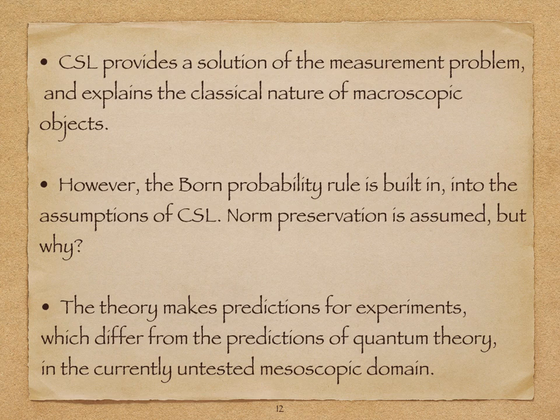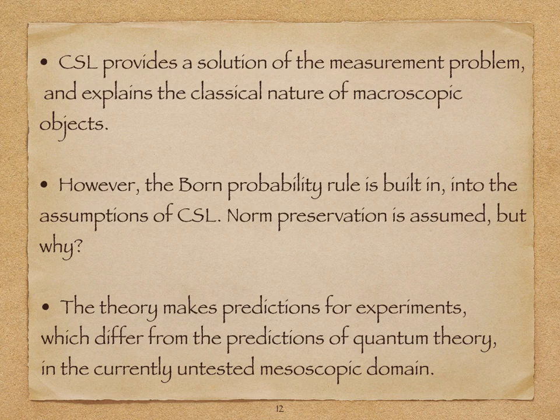Moreover, CSL and collapse models in general make predictions for experiments. These predictions differ slightly from those of quantum theory for experiments that have not yet been done. As of today, all experiments that are done agree with both collapse models as well as with quantum theory, so long as you choose the collapse rate to be sufficiently small.